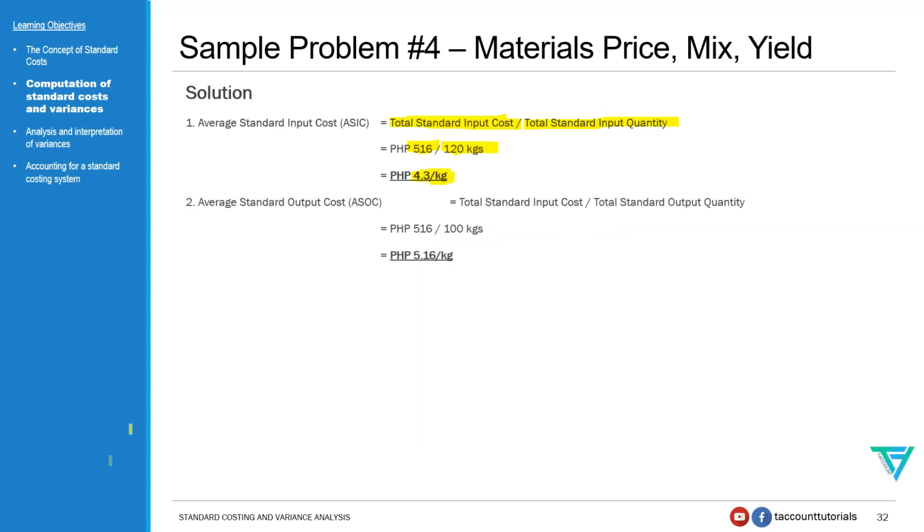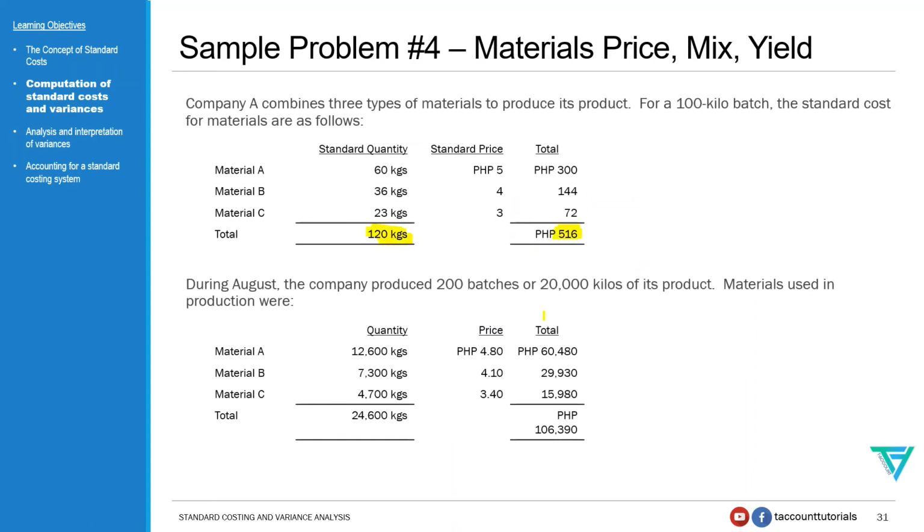Now, to compute the average standard output cost, similarly, we get the total standard input cost and divide that by the total standard output quantity this time. So same 516, but this time we divide it by 100 kilograms, which gives us 5.16 pesos per kilogram. The 100 kilograms is the total standard output quantity, which is basically the quantity per batch. So the 100 kilo batch is the output.